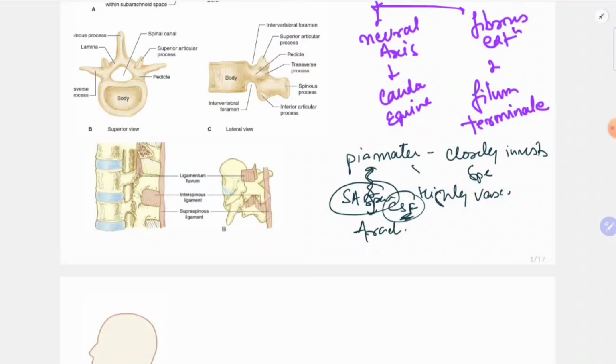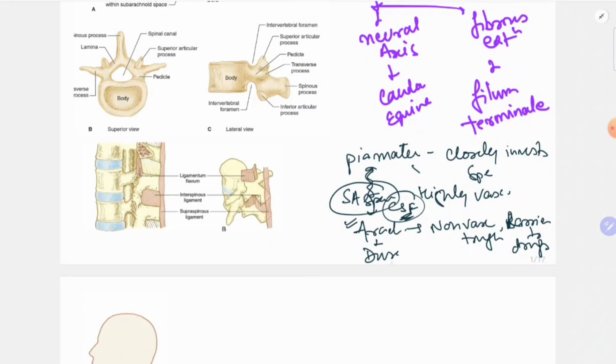So anything in the CSF can reach the brain. Outside the arachnoid we have dura, and arachnoid is not vascular and it is a very tough layer, and as in the brain it is the major barrier to drugs. So if we want any drugs to reach the spinal cord, nerves, and even the brain and enter the CSF, we have to pierce the arachnoid.